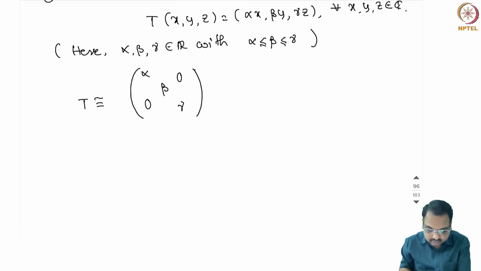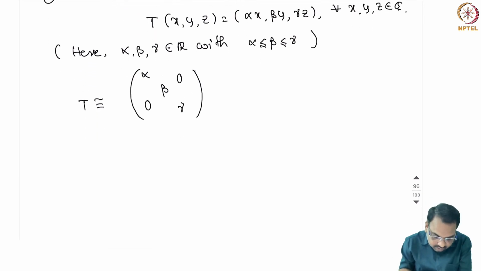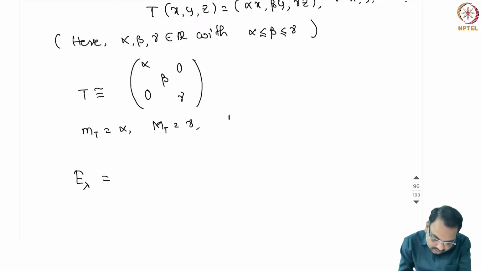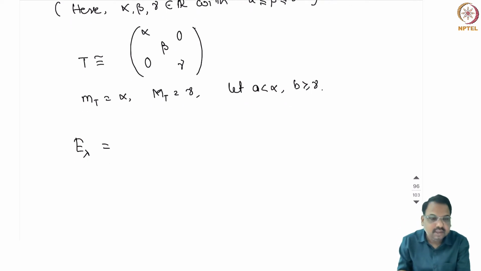Okay, now let us try to approximate T by the projections. We want to look at E lambdas as in the earlier case. Here small m of T is alpha, so capital M of T is gamma. Now let us take A less than alpha, B bigger than or equal to gamma. Now we want to take a partition for AB and do the same approximation that we did earlier.